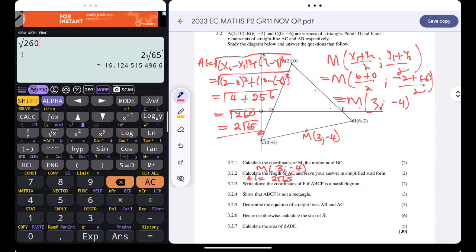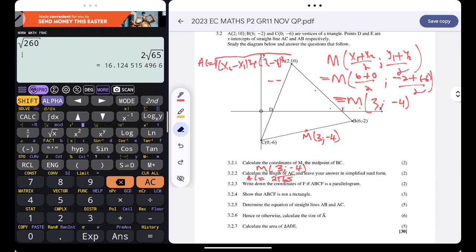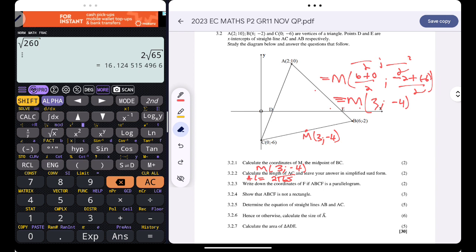Now I'm supposed to write down the coordinates of F if A, B, C, F is a parallelogram. Okay, let's work.